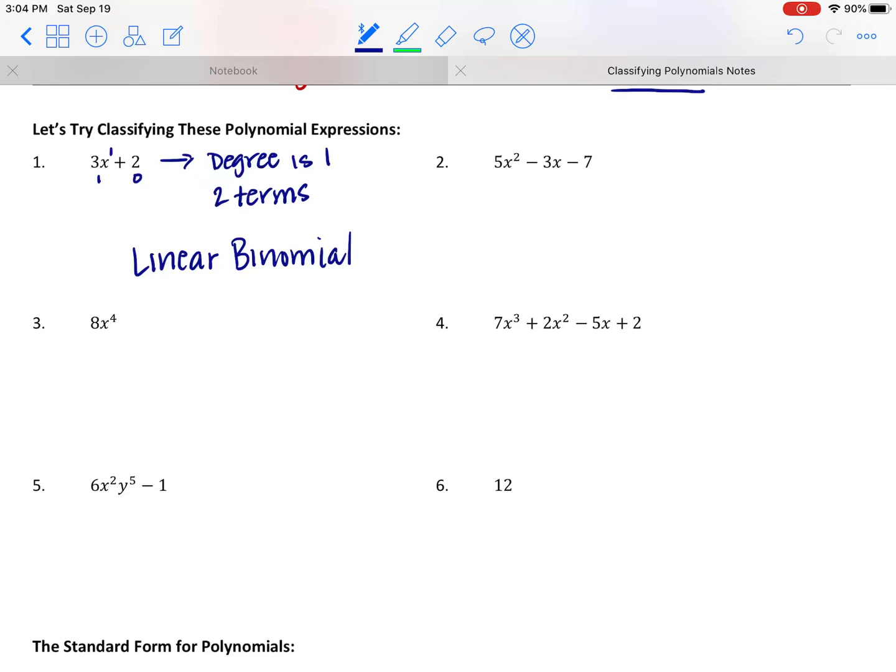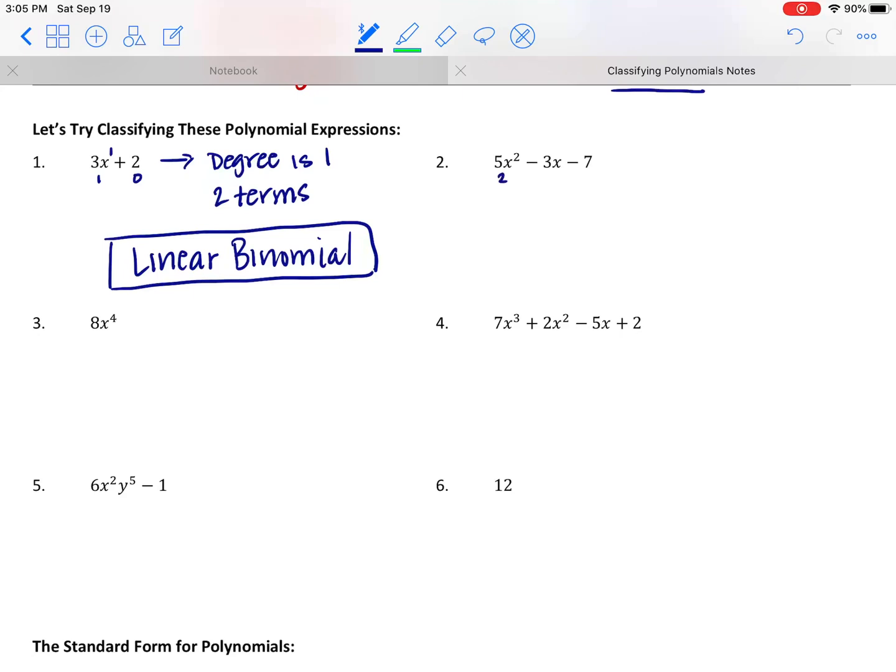Now, it's totally okay to just call this a polynomial, but because we can give it a more specific name, we would. Just like if I saw a Toyota Corolla on the road, I could just call it a car. But I want to be more specific if I can and say that's not just any car, that's a Toyota Corolla or whatever it is. Okay, so we're going to call this a linear binomial.